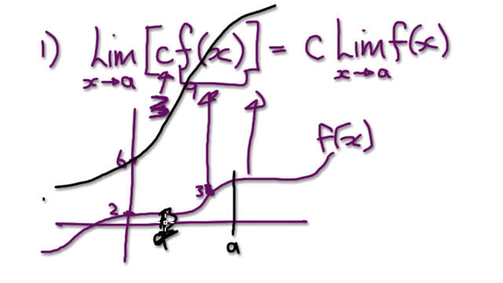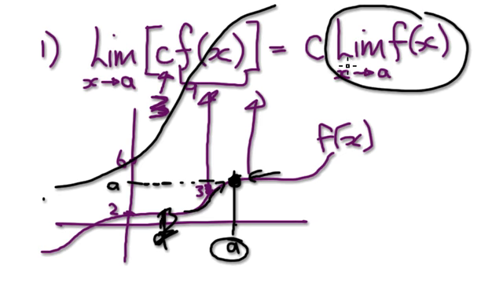So a is here. Now, normally f of a will be right here. So normally the limit as x approaches a, the limit here, will be here.